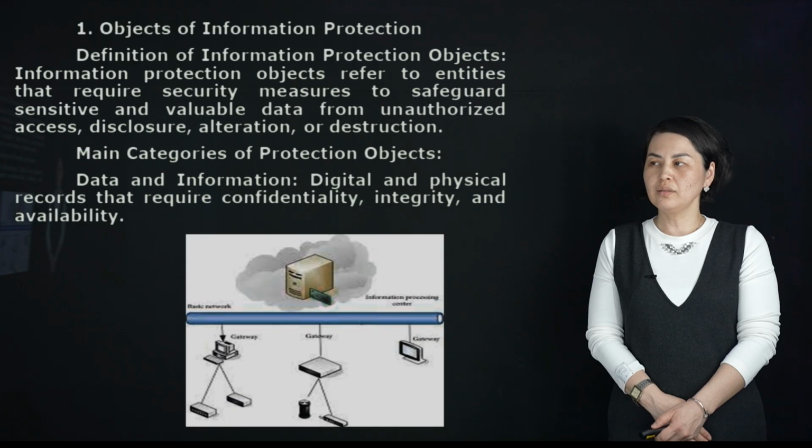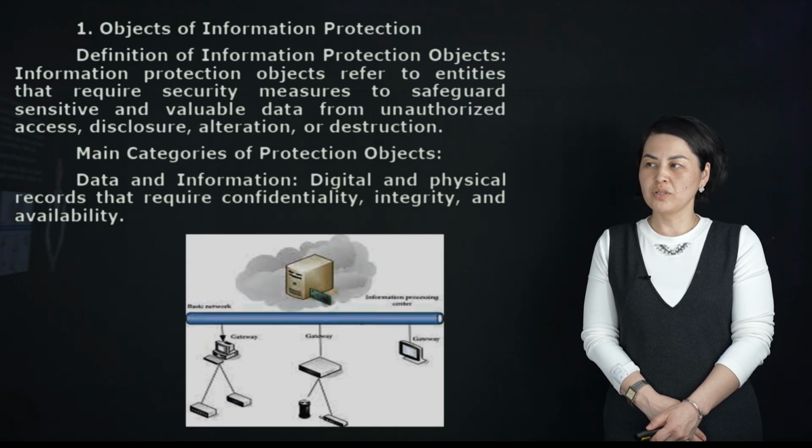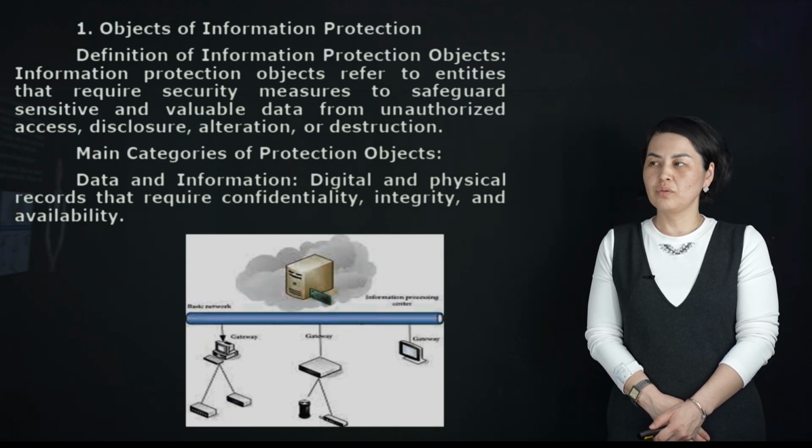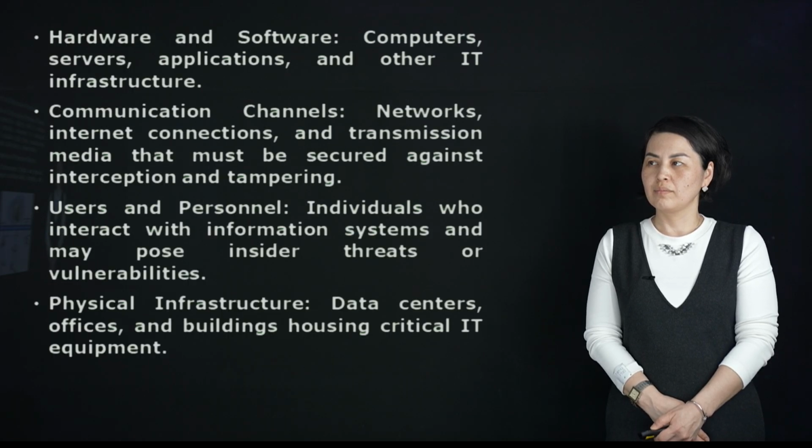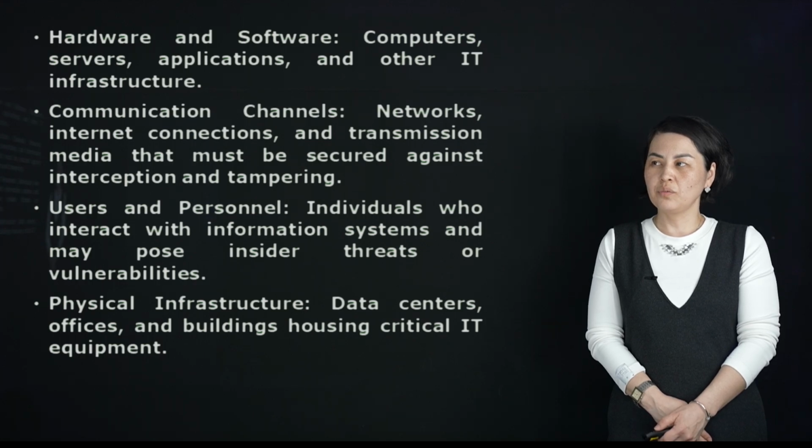The first one is data and information. So what about data and information? It is digital and physical records that require confidentiality, integrity, and availability. Hardware and software. What about hardware and software?